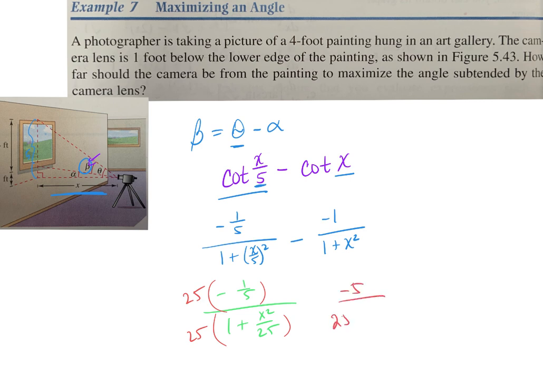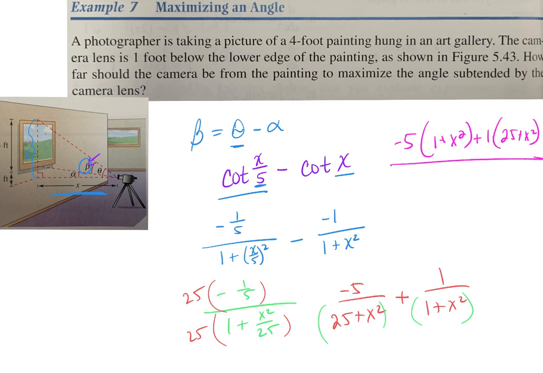On the bottom, I get 25 plus x squared, minus a negative, so plus 1 over x squared. My common denominator here is these multiplied together. So I end up with negative 5 times that guy plus 1 times this guy all over my common denominator. The reason I'm not multiplying that out is because it doesn't help me, okay?